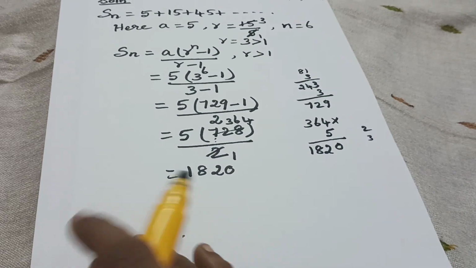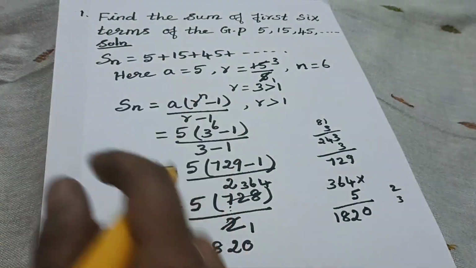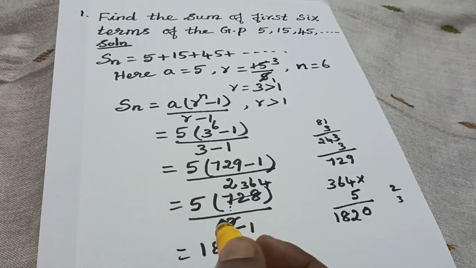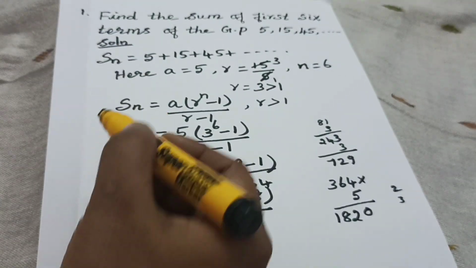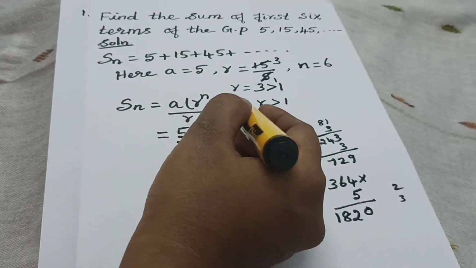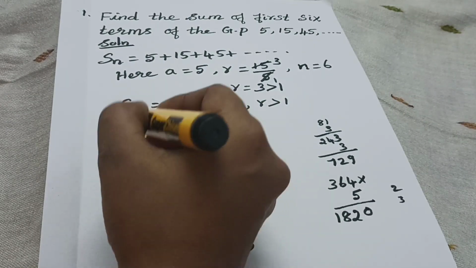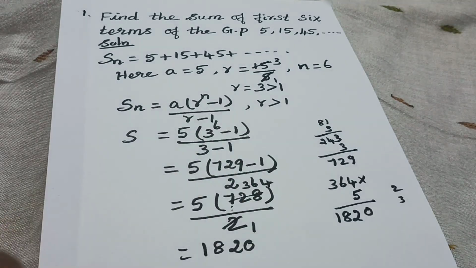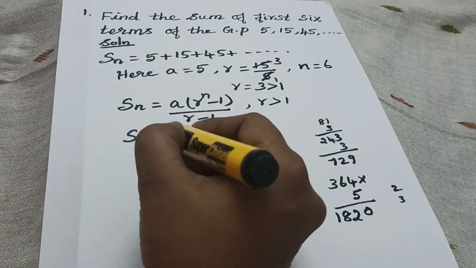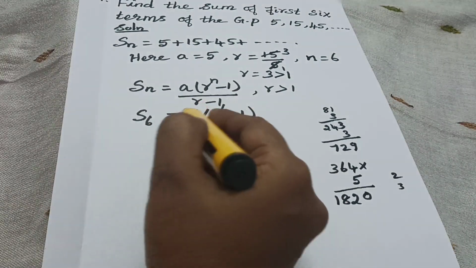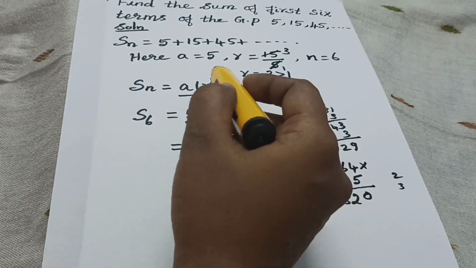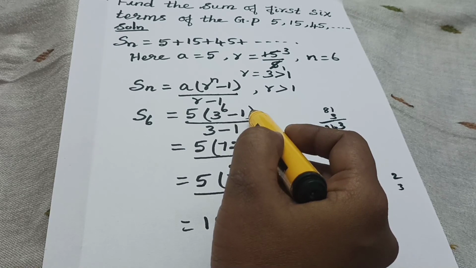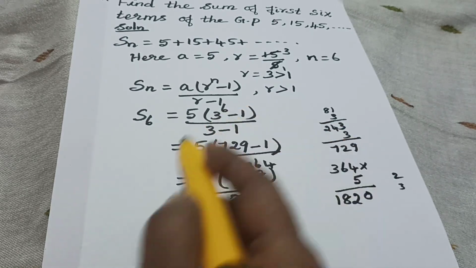Our question is find the sum of first 6 terms of the GP. Sum of 6 terms, that means this is the Sn formula. Only 6 terms we want to find. Therefore, S6 is equal to a into r power n minus 1 divided by r minus 1, which is 5 into 3 power 6 minus 1 divided by 3 minus 1.